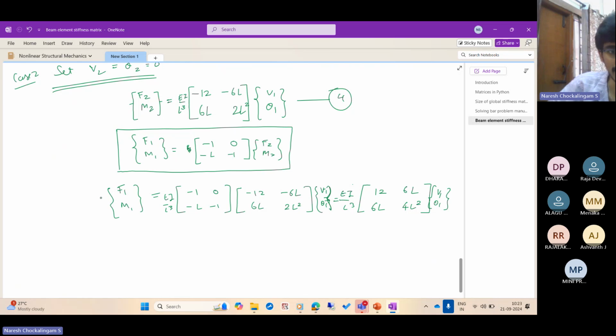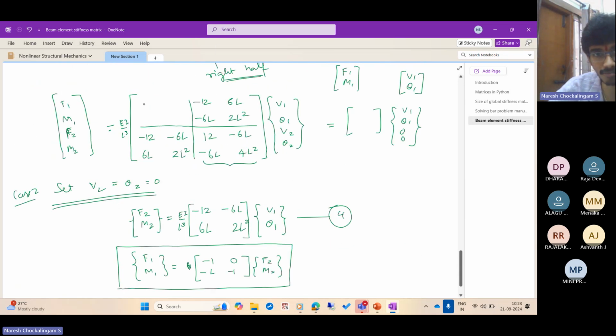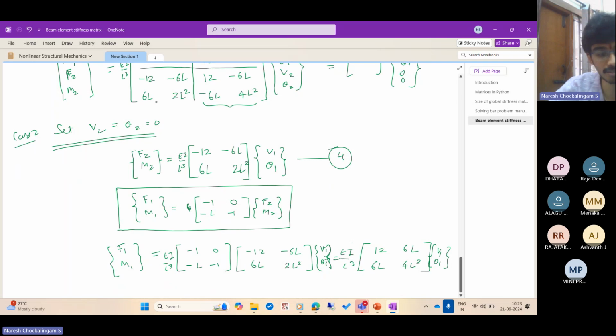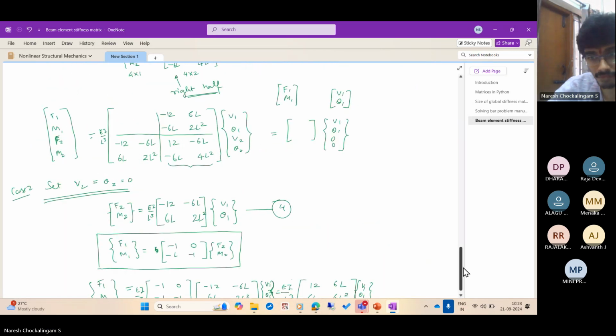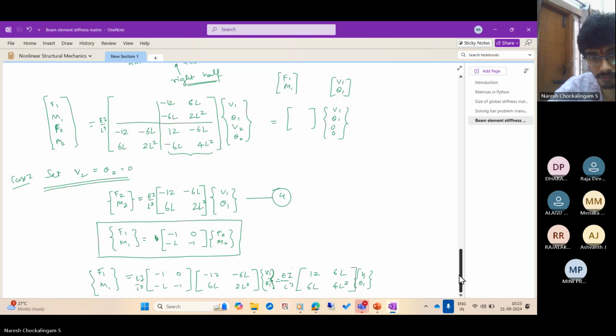Now plug this back into our stiffness matrix. So what are missing here? These are the missing coefficients. What relates F1 and V1 here? F1 and V1 are related by 12 EI by L cube. So you have a 12.